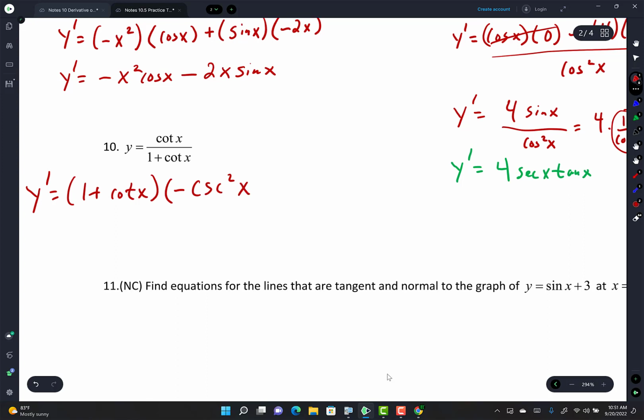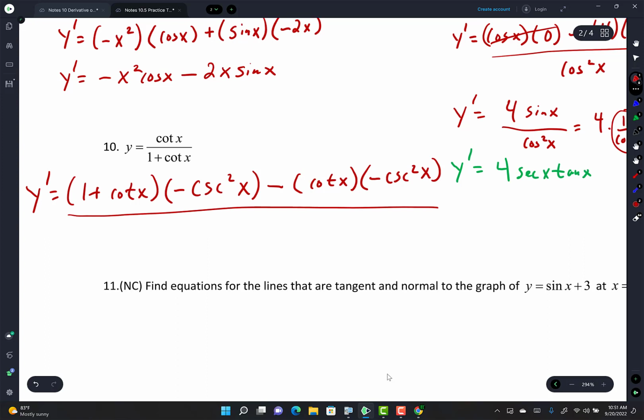Squared. Yeah, because the derivative of tan is secant squared, so this one has to be negative cosecant squared. Plus or minus? Minus the top, cotangent x, times the derivative of the bottom, which again is going to be negative cosecant squared.